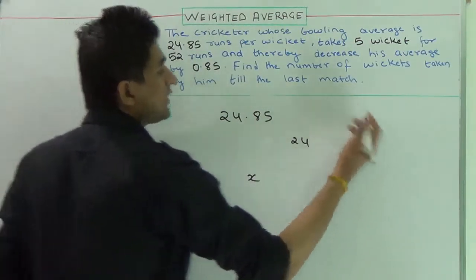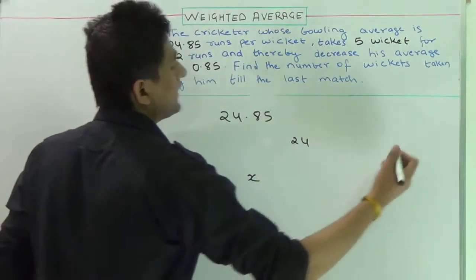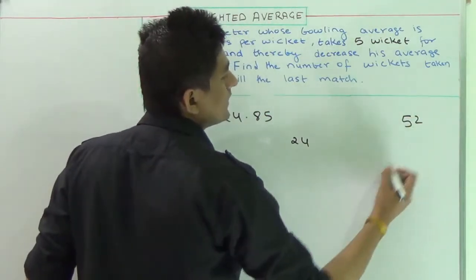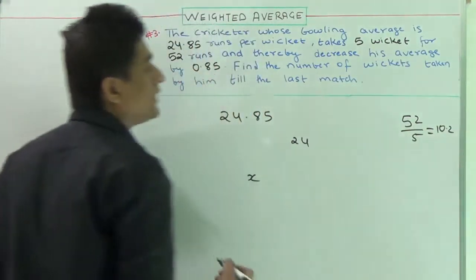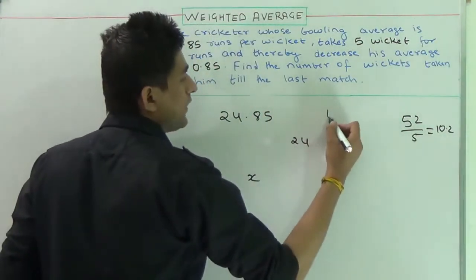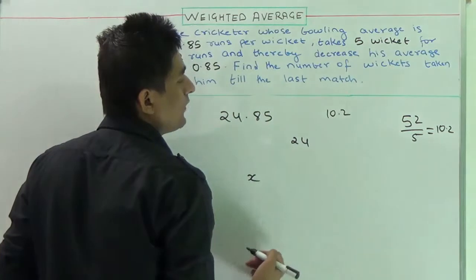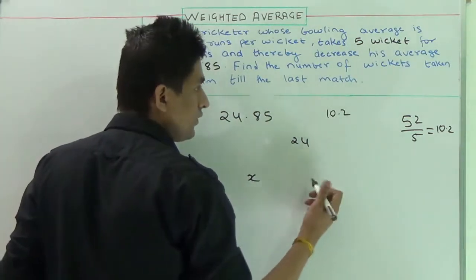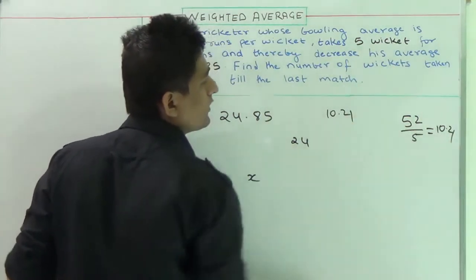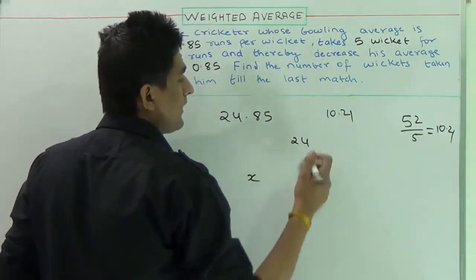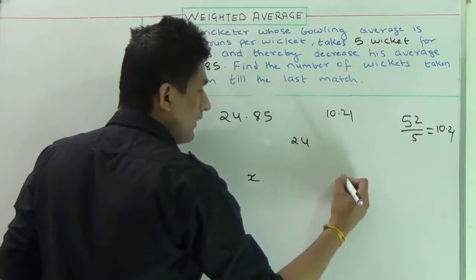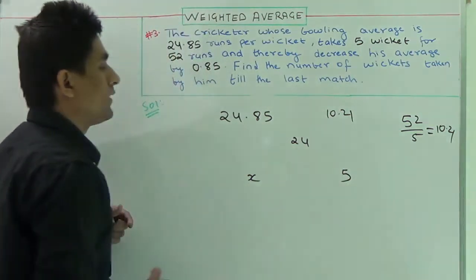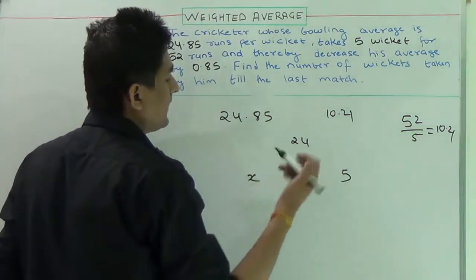And in the last match, if I calculate his average, he gave 52 runs for 5 wickets. So in the last match his average was 10.4 runs per wicket. It will come out to be 10.4. Now in the last match he took 5 wickets, and now I have to solve this alligation and I'll get the answer.